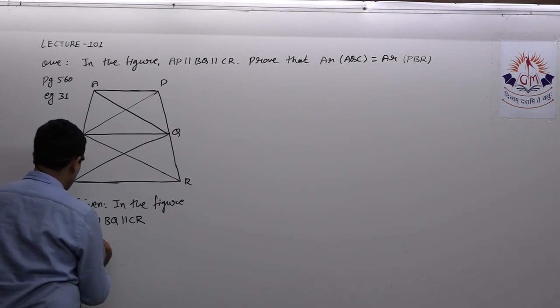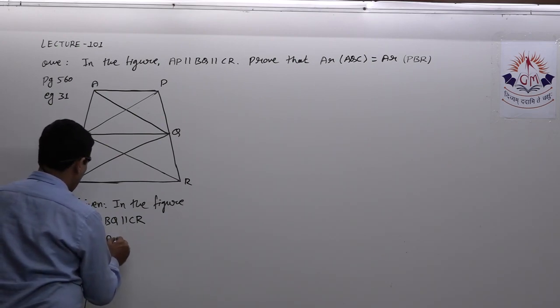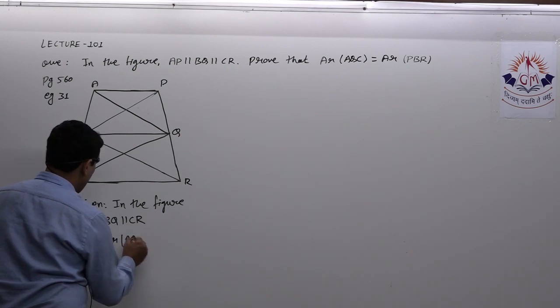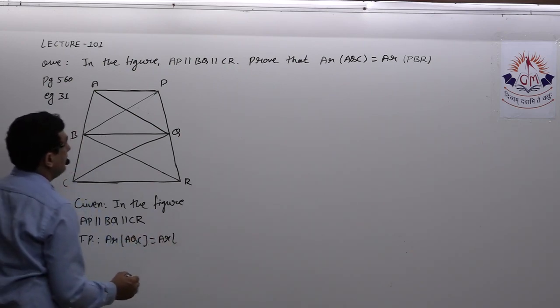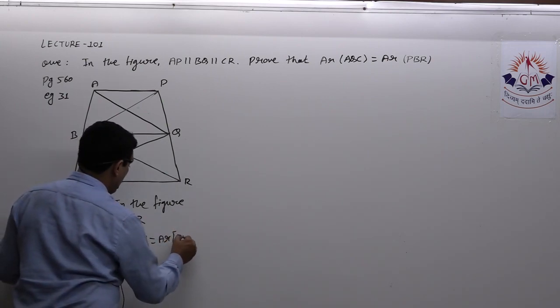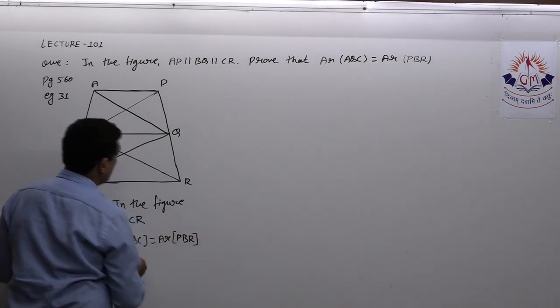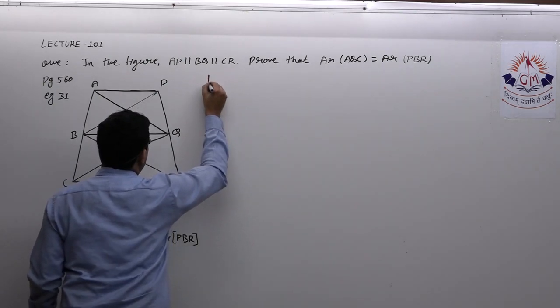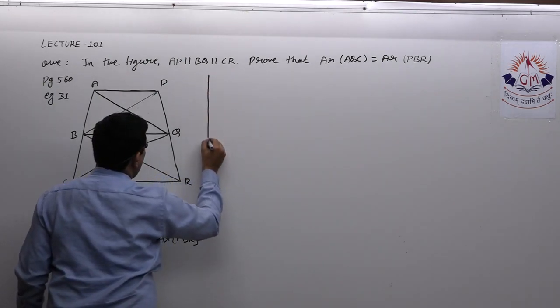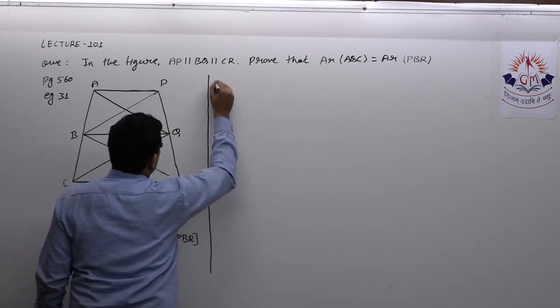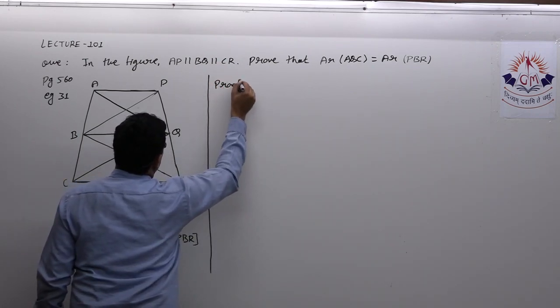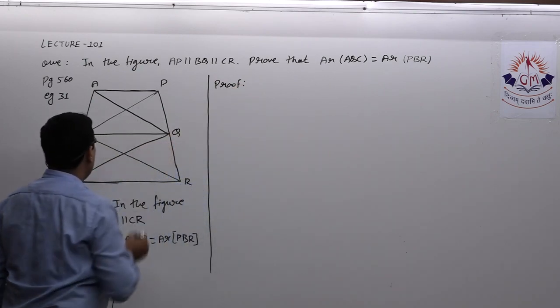To prove: area triangle AQC is equal to area triangle PBR. Okay, let us see how to prove.